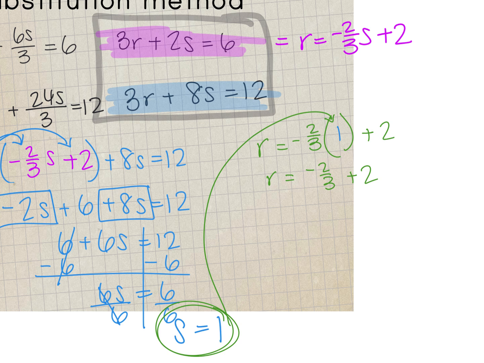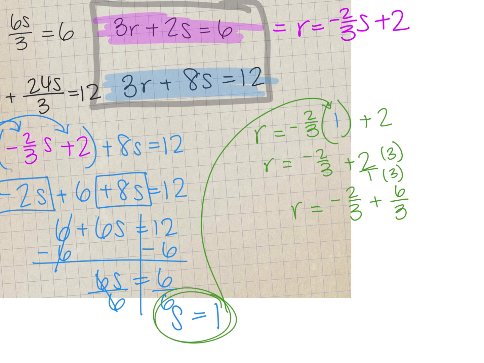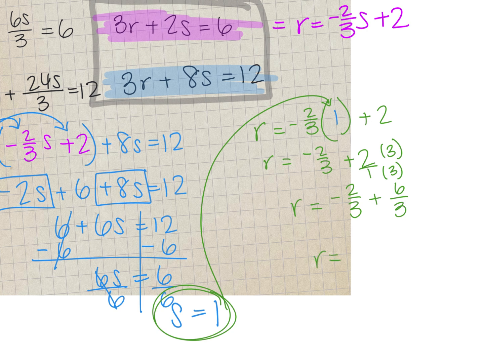Good, same denominator. So I'm going to change it. R equals negative 2 over 3 plus, how do I get the same denominator? Good, multiply top and bottom by 3. I'm going to get 6 over 3. Now can I solve it? Yes, I can. R is going to equal what over 3? Good, 4 over 3.